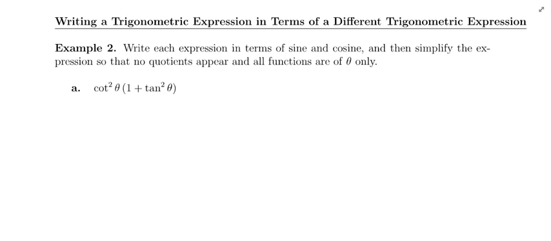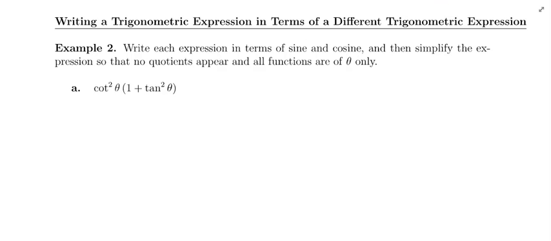And in order to do that, you start with one side of the equation and then you use fundamental identities coupled with algebraic manipulation to arrive at the other side of the equation. And that proves that you're working with an identity. So what we're going to do in example 2 is just have expressions, meaning there's no equal sign, so it's not an equation.